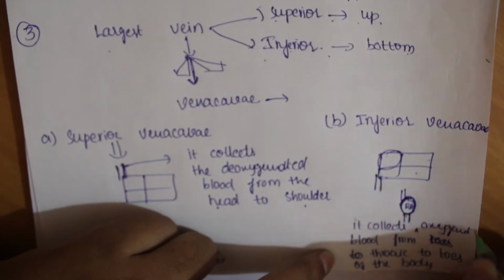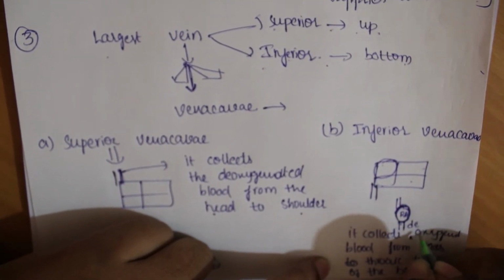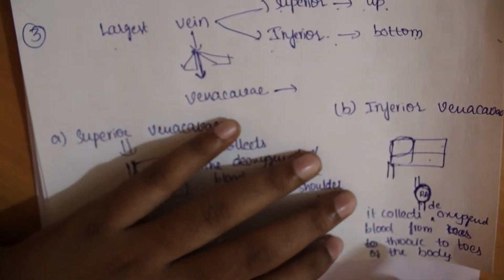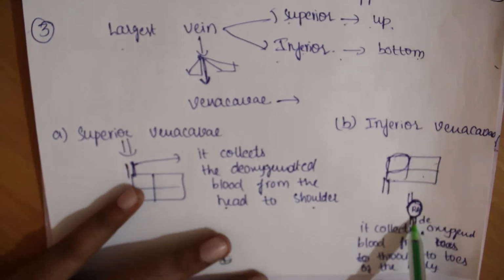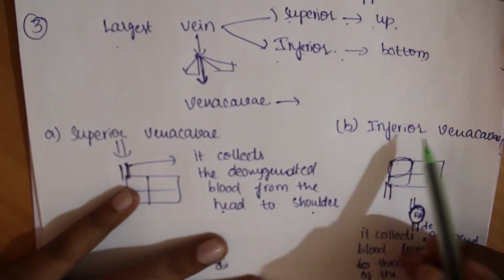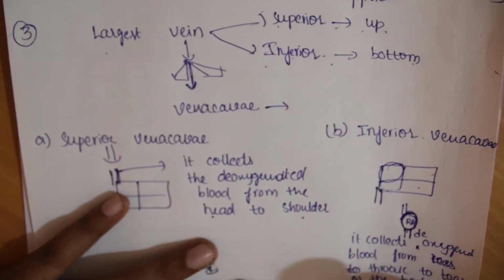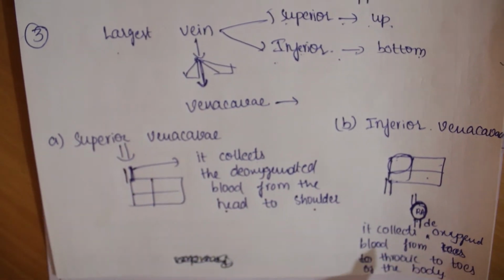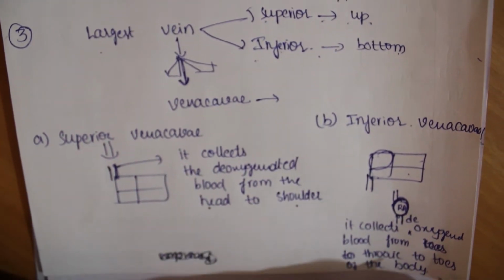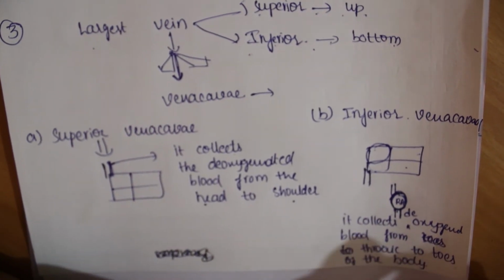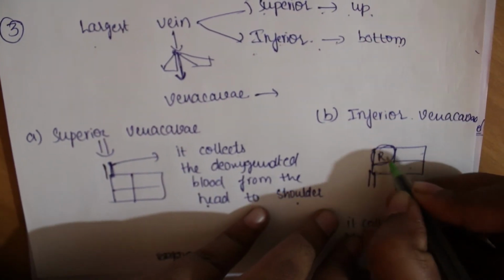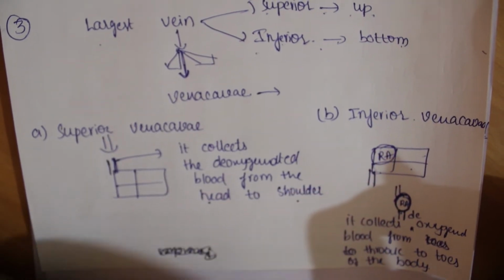Sorry, by mistake I said that it is oxygenated. It is deoxygenated blood. The deoxygenated blood from the thorax to the toes is all collected through the inferior vena cava and enters into the right auricle of the heart.